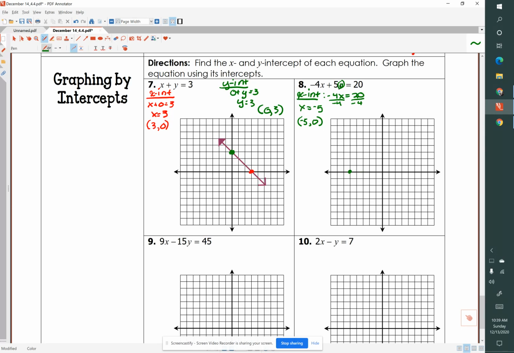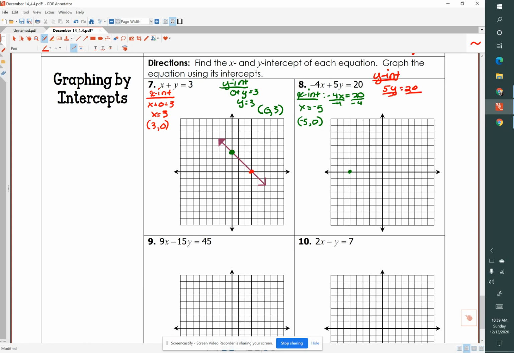Now let's work on the y-intercept. First, I'm going to erase where I drew on my equation. And the y-intercept would be, so if I set x equal to 0, then I have 5y equals 20.